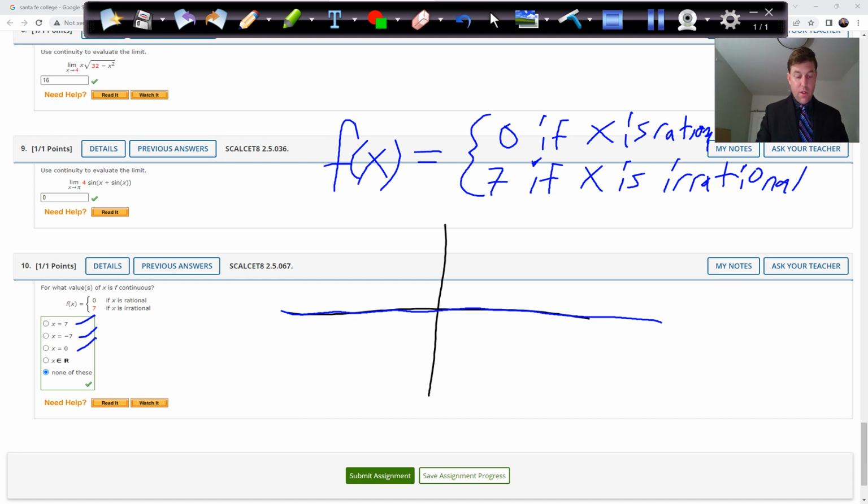X in all real numbers, probably not. So the best answer is none of these. So there's really not enough information, basically. We'd have to know a little bit more about the actual domain they're considering here to do this problem. So that will cover section 2.5.